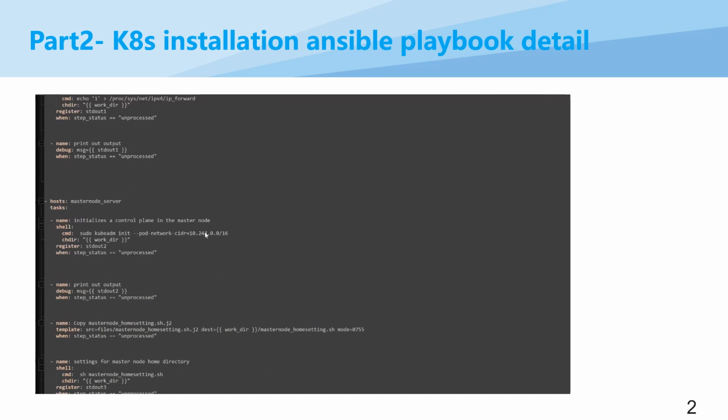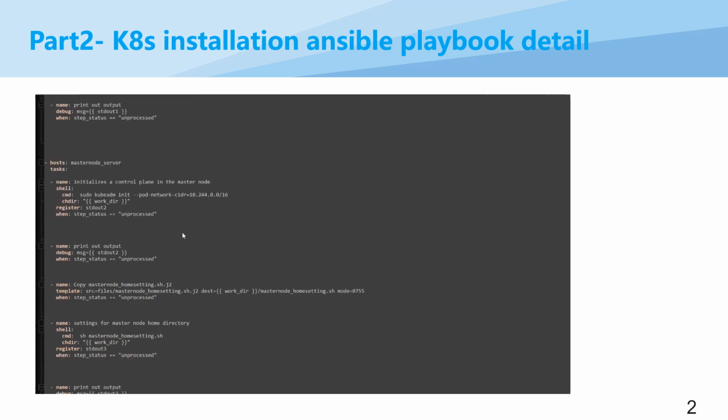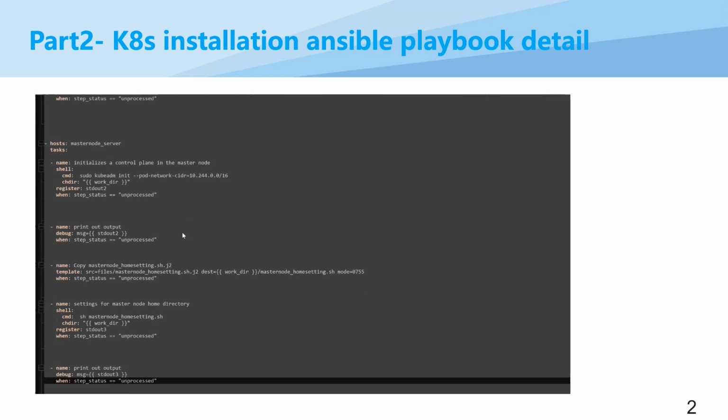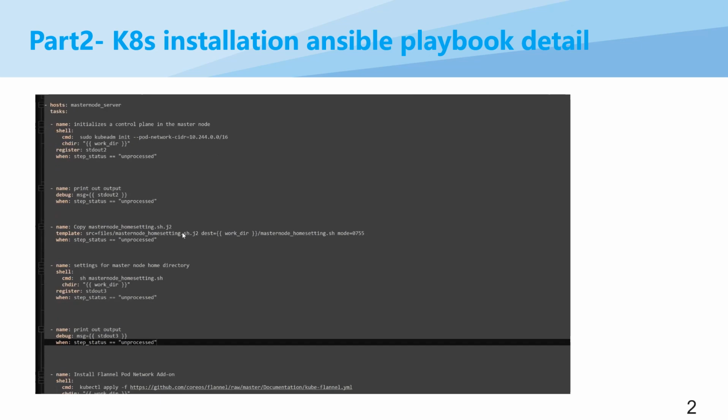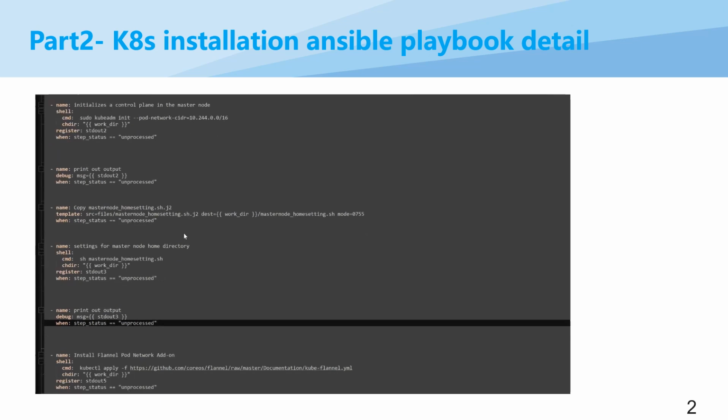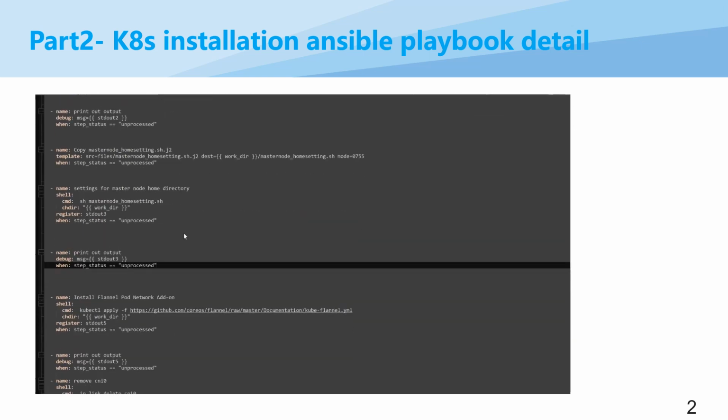After this, we copy some master node home settings to the master node home directory, and set up the home directory, so we can run kubectl on the master node.